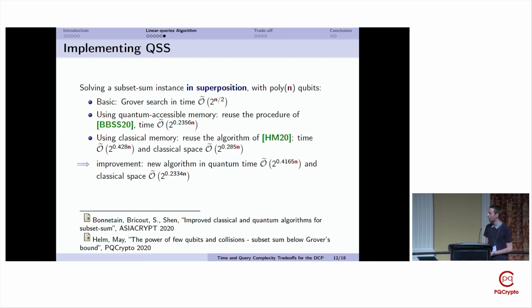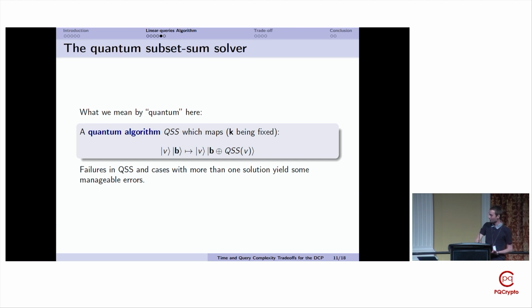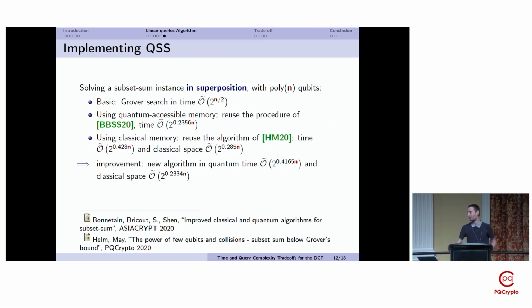Fortunately, you can reuse some work that already exists on the subset sum problem. You could use Grover search here, but that's very easy. But you can actually reuse some quantum algorithms for subset sum, except that the previous quantum algorithms were mostly concerned with solving an instance that is given to you classically with quantum algorithms, and not an instance that is partially quantum, because the target here of the subset sum is quantum, and solve it with a quantum algorithm.